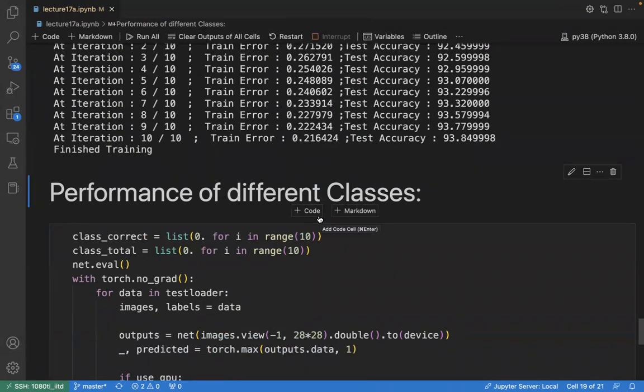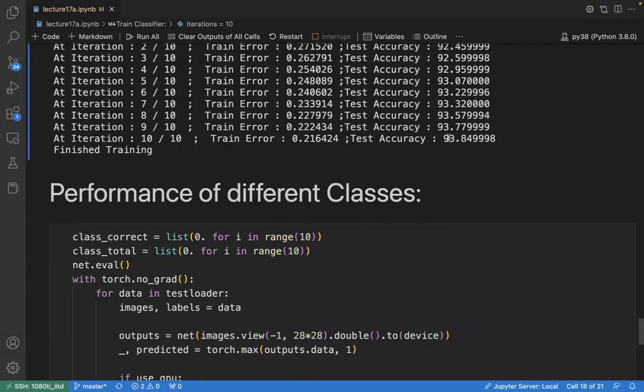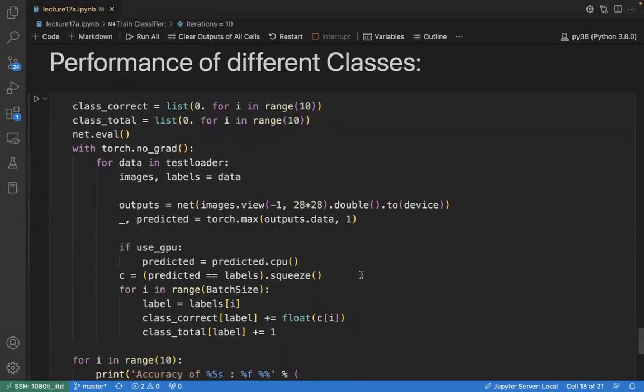Okay, so it's 93.84, which is not bad. So we'll stop here. I guess 93.84 is still a good accuracy.